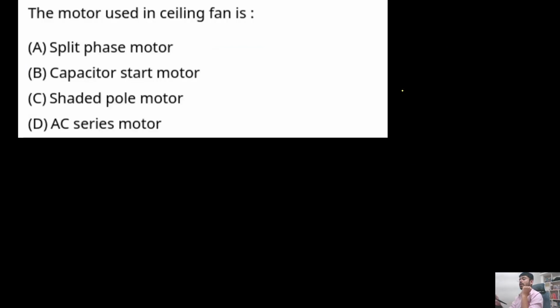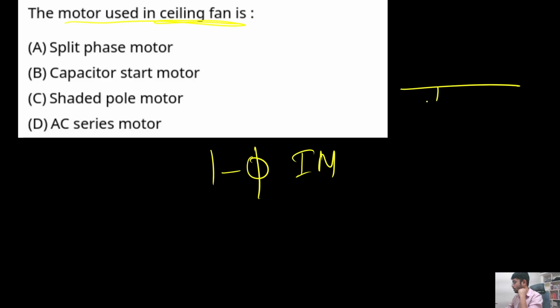Next question. The motor used in ceiling fans. We all know the motor in ceiling fans is a single phase induction motor, which has two windings. One is the starting winding, which has high resistance and more number of turns, and the running winding, which is thick and has fewer turns, and has high reactance.